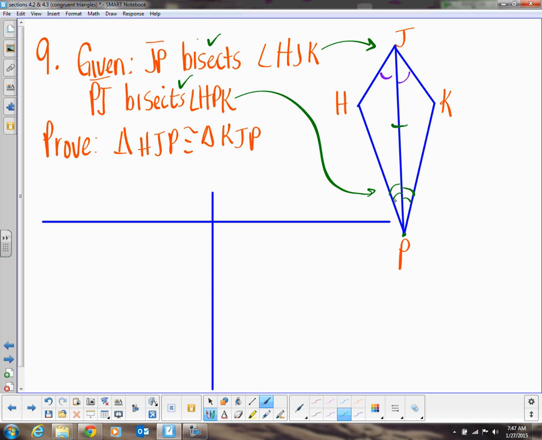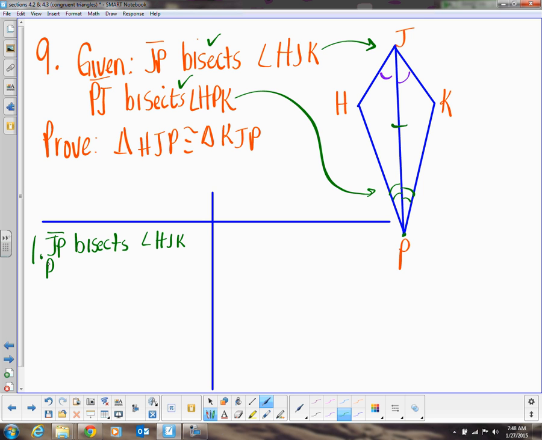So what is our combo going to be? Angle, side, angle. But first, we have to state that JP bisects angle HJK. This has to be here because this is important information. Now, if they said HP was congruent to KP, I wouldn't put it here. I'd put it where it belongs.